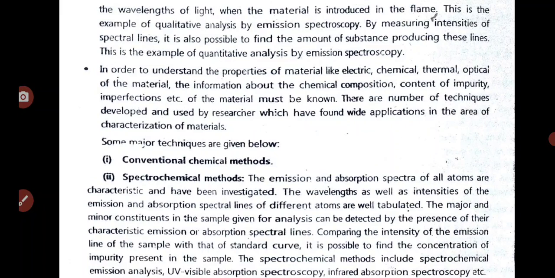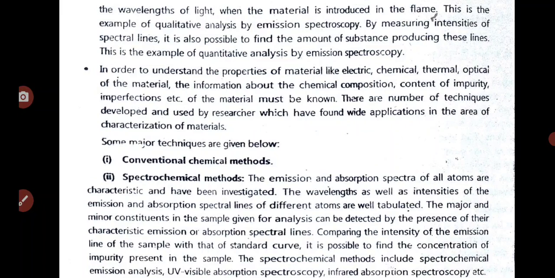So the emission and absorption spectra of all atoms are characteristic, and the wavelengths and intensities of the spectral lines of different atoms are well tabulated.